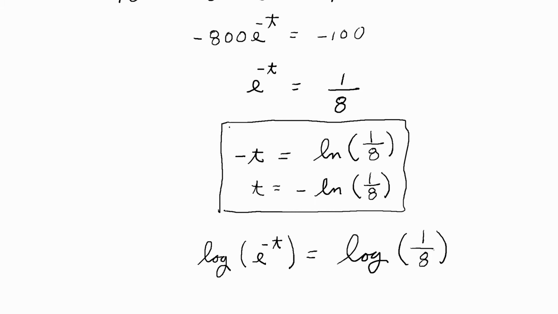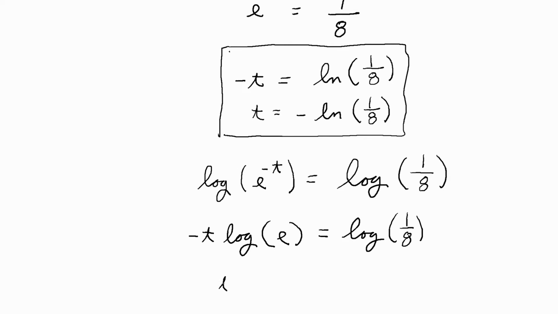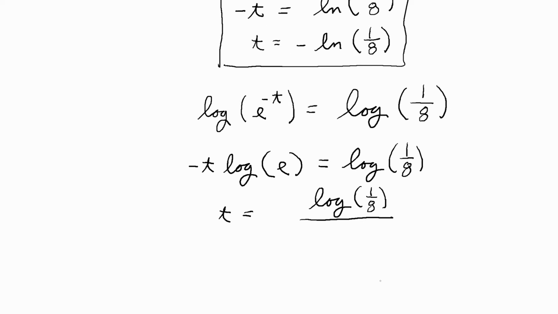Now I can use the properties of the logarithm function to get minus t times the logarithm of e, which is very strange to look at because it's not 1, equal to the logarithm of 1/8. So t is equal to the logarithm of 1/8 divided by the logarithm of e, with a minus sign in front of it.